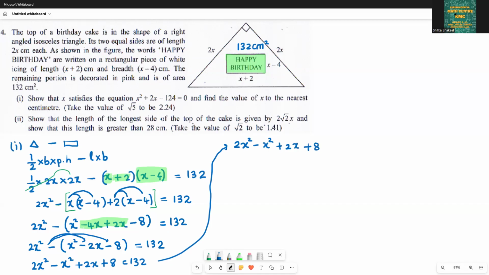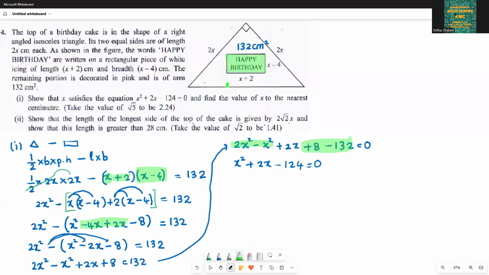We take 132 to this side, minus 132 equals 0. So 2x squared minus x squared gives x squared, plus 2x, plus 8 minus 132. Different signs, so deduct and write the larger number's sign, that is minus 124. We can write minus 124 equals 0.